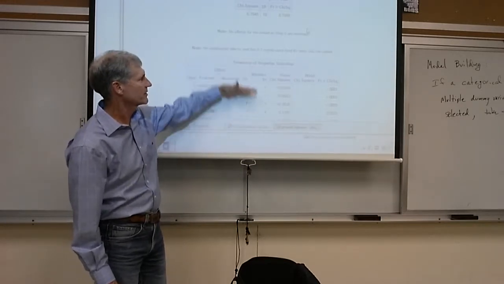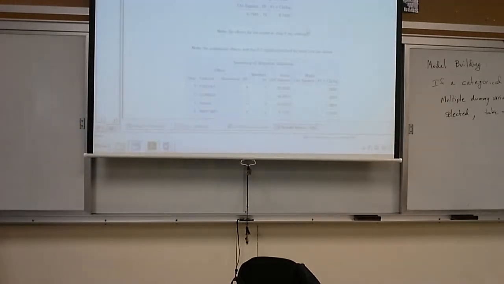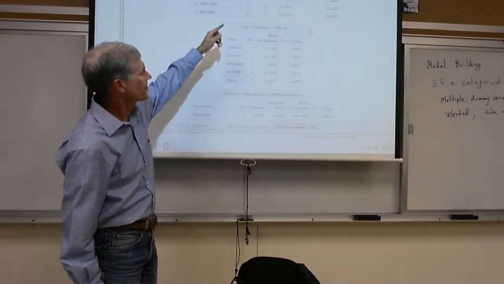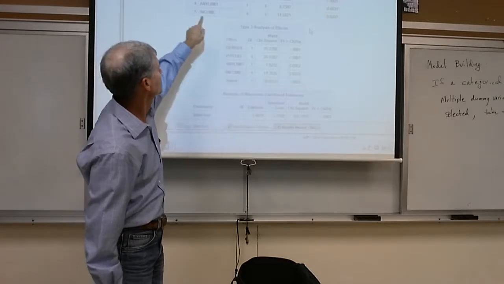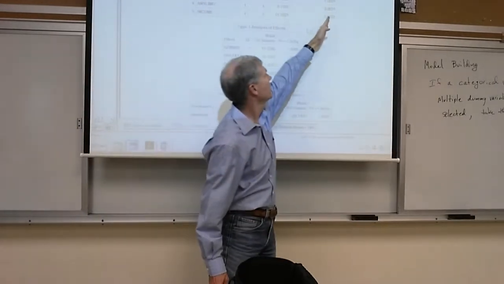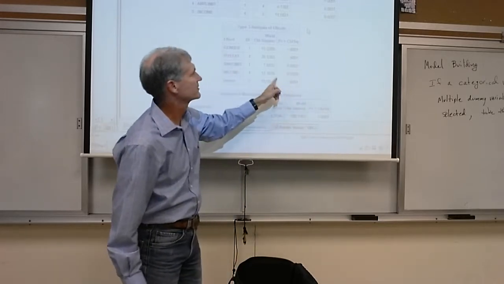So here's the summary of stepwise selection. Those are the variables that are in the model. If you look, these p-values aren't matching these p-values.